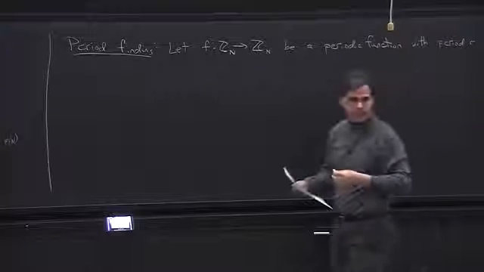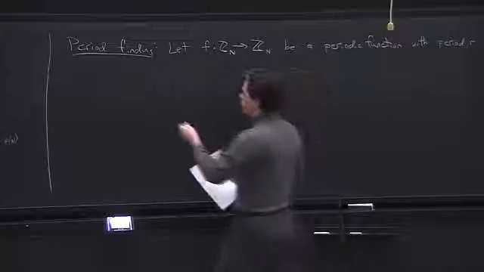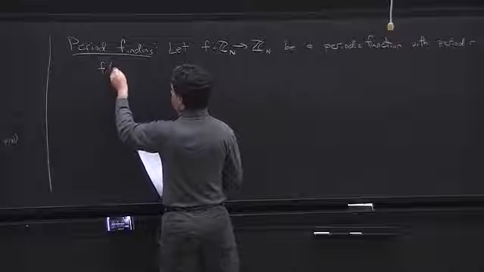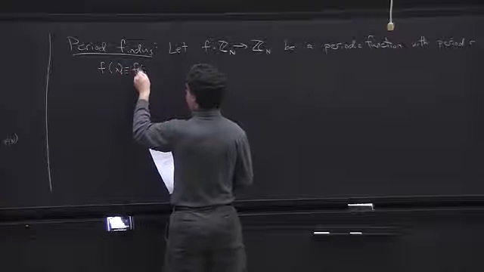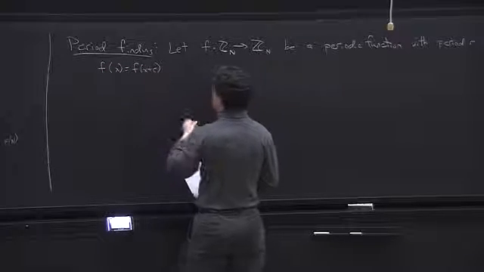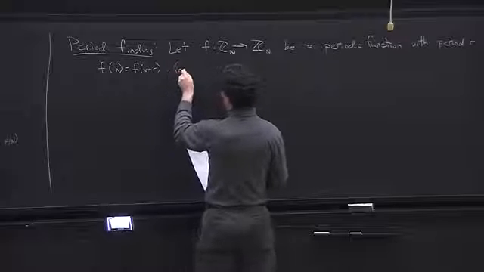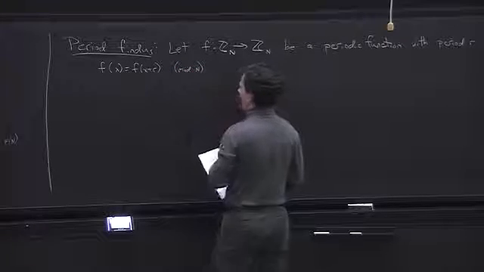And I'll assume that f doesn't repeat other than that. So we have f of x is equal to f of x plus r, and this is going to be mod n arithmetic.